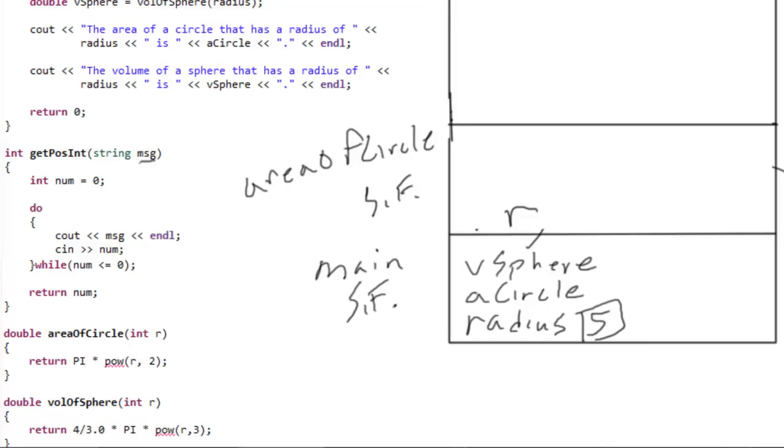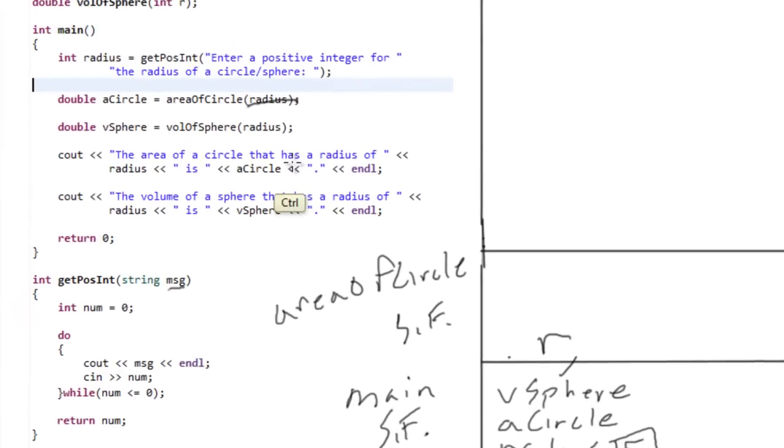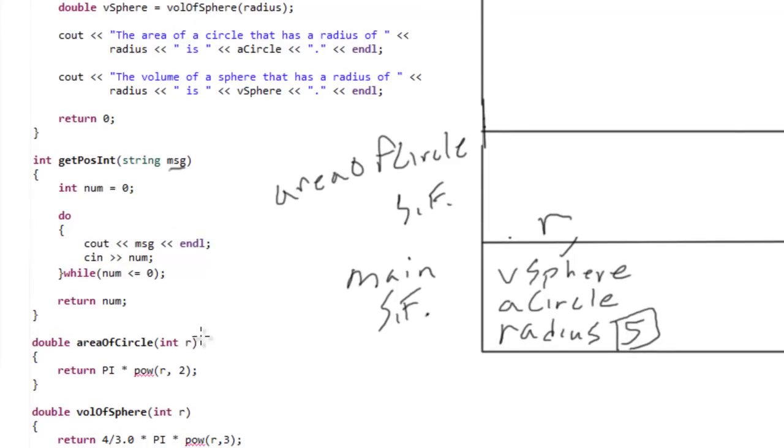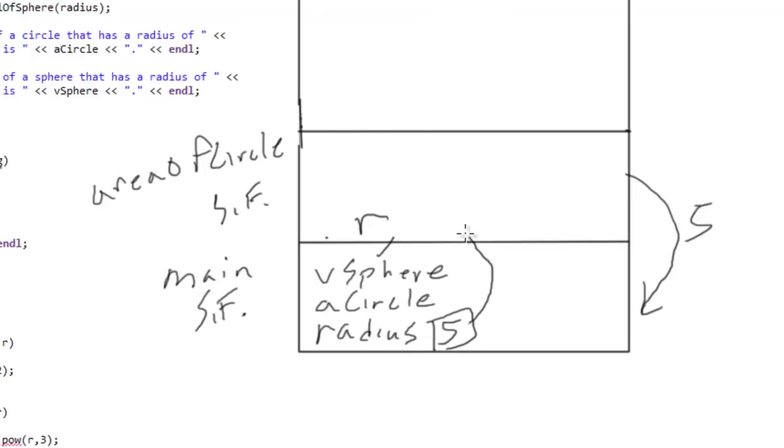We're getting the value that was stored here in radius passed into this function. More specifically, a copy is being passed in to r. So we can imagine that a copy of this 5 is being passed up here to r.